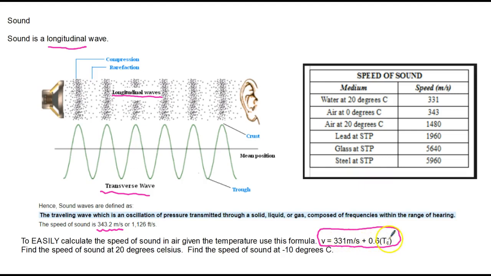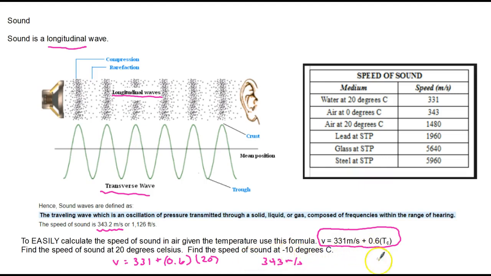331 plus 0.6 times the temperature in Celsius. So if it's 20 degrees Celsius, the speed of sound is going to be 331 plus 0.6 times 20. 0.6 times 20 is 12, and 12 plus 331 is 343 meters per second.